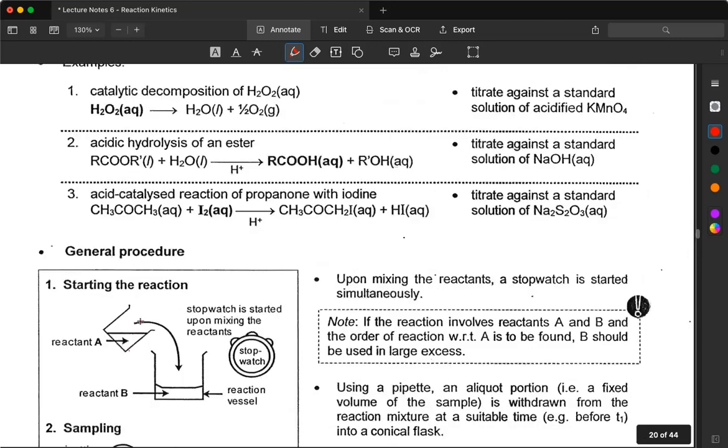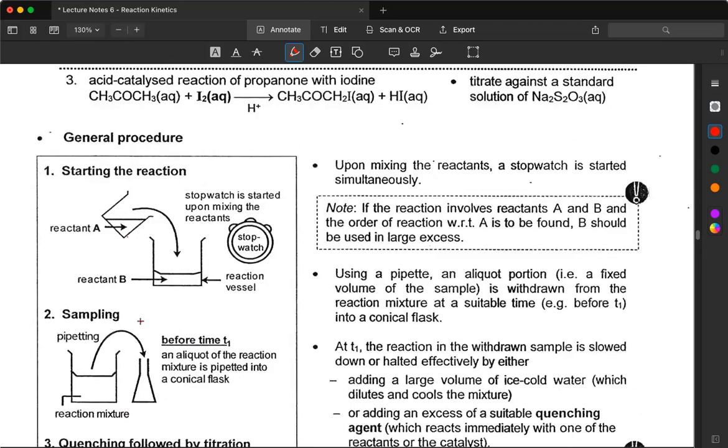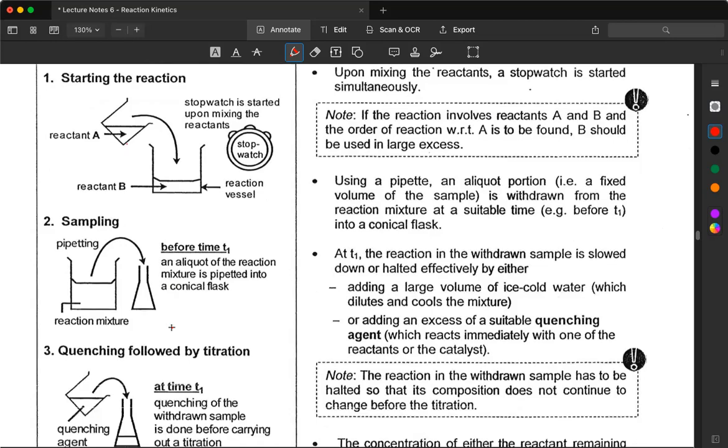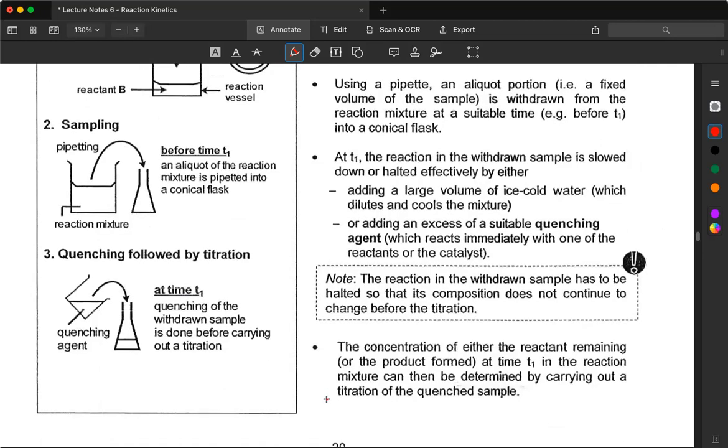The first method here is the general procedure for sampling, quenching, and titrimetric analysis. Okay, so you run the reaction, and then you pipette out a certain portion at a suitable time, and then you add a quenching agent, and then whatever remains, you quickly run a titration.